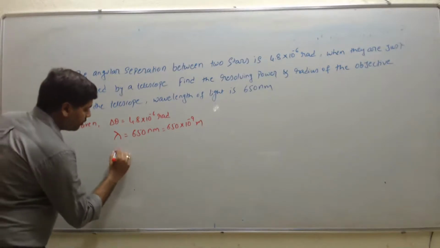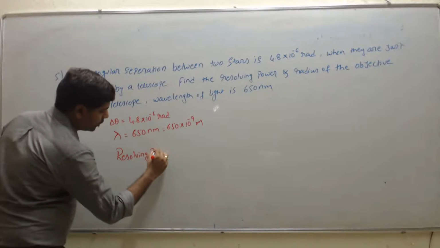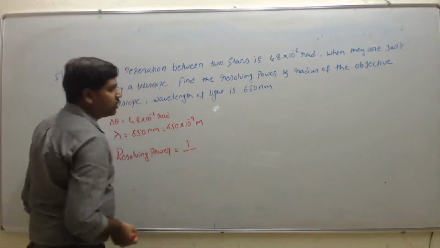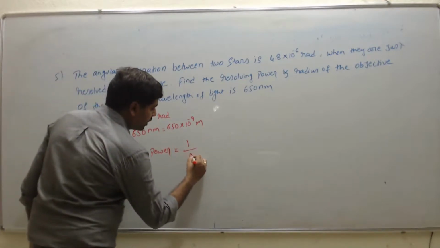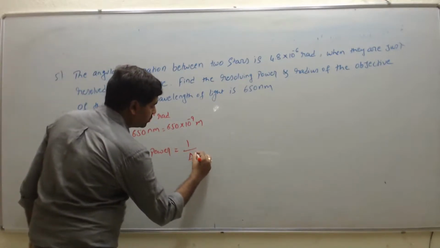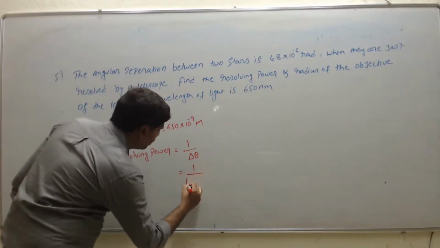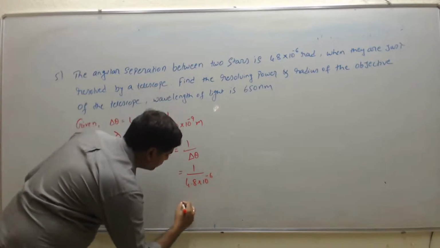So we need to find first the resolving power. The resolving power is the reciprocal of the limit of resolution. Then we can directly write 1 divided by delta theta. So 1 divided by 4.8 into 10 to the power of minus 6.